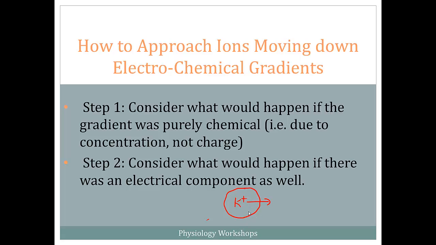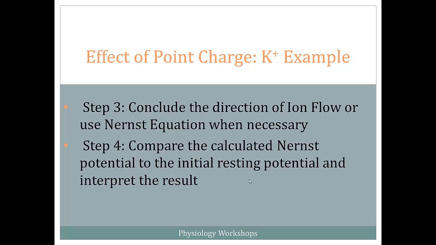Our next question is, what kind of charge would we have to place right here so that the potassium wouldn't want to move out anymore? Firstly, we know that it's going to be negative, but we don't know the magnitude, and that's what we use the Nernst potential for. Now we can interpret our result and make a conclusion about the direction of ion flow.